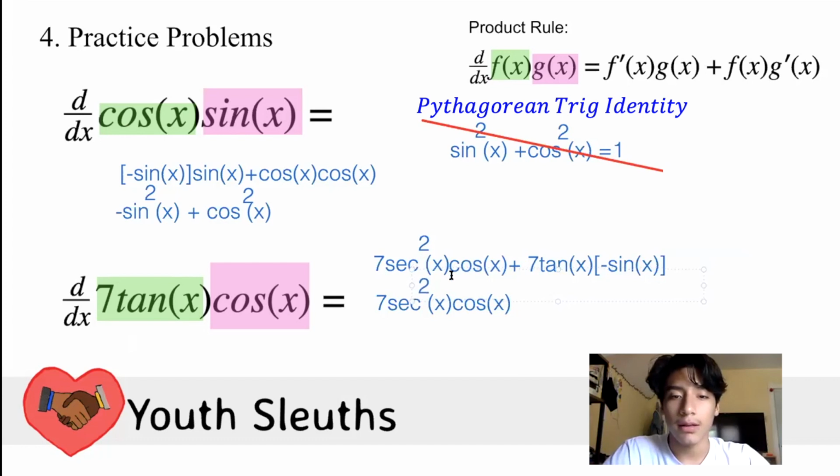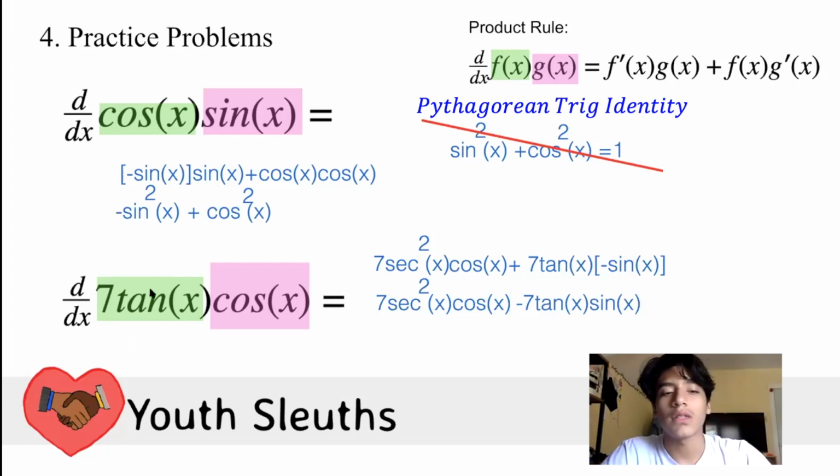And for this side, we could do 7 tangent of x times negative sine of x, which just brings the negative in front. And that is your answer for the derivative of 7 tangent of x times cosine of x.